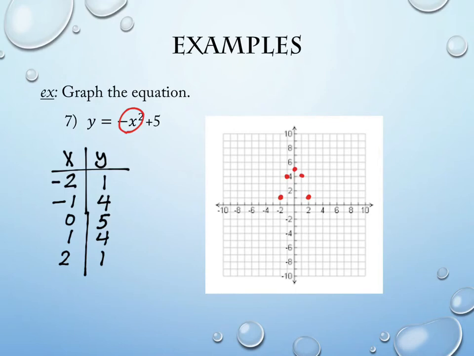I said it wrong, but I plotted it right: 2, 1. It's another U. In fact, it looks a lot like the first U, right? The shape's the same. How does it compare from the graph? It just moved up a bit. In particular, how much of a bit? 5. And that should make sense based on the equation, right?